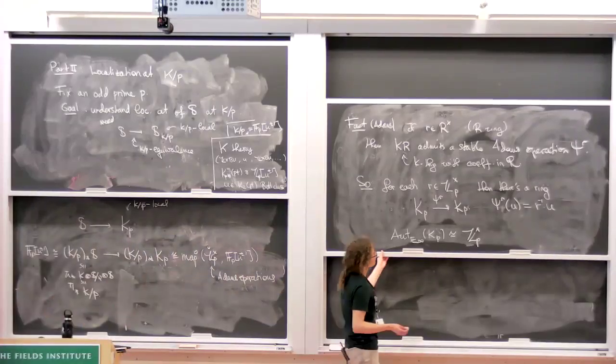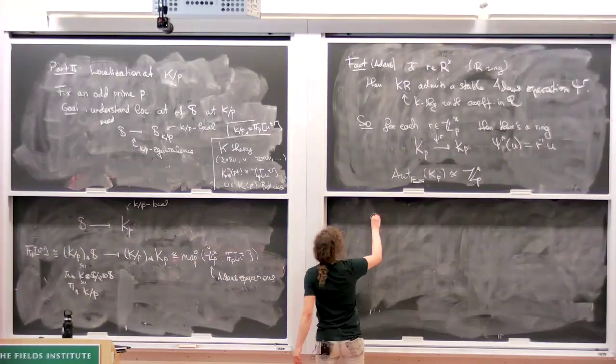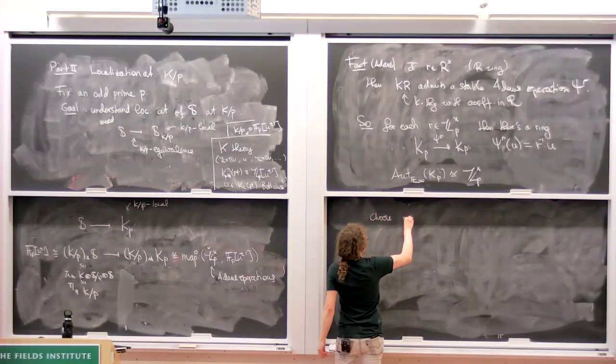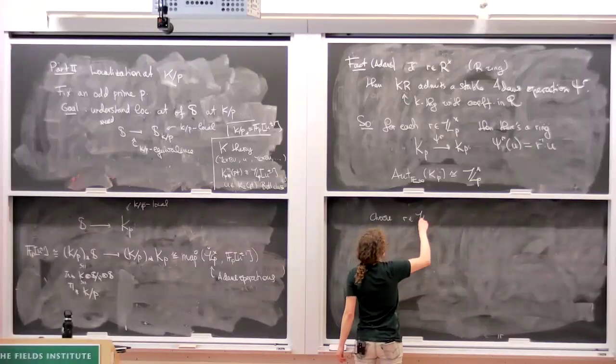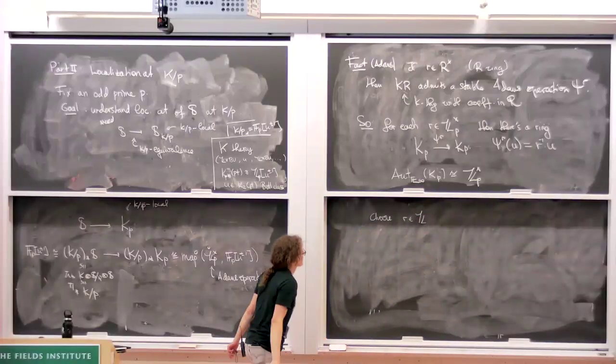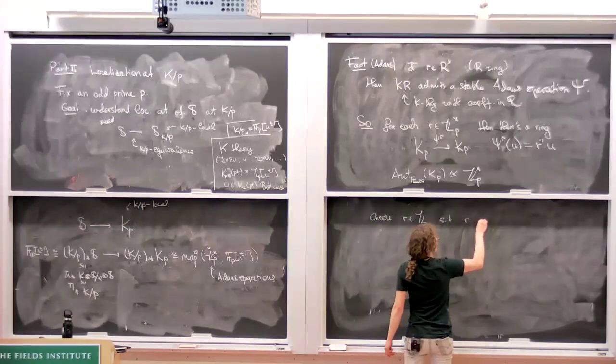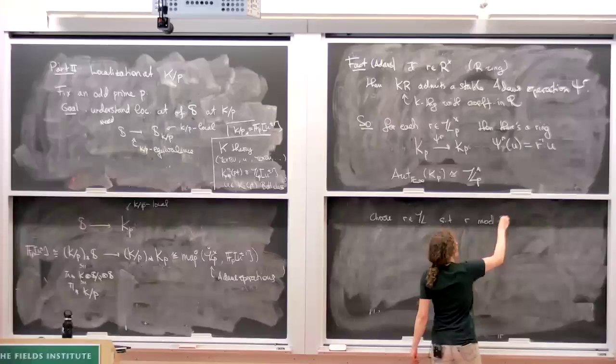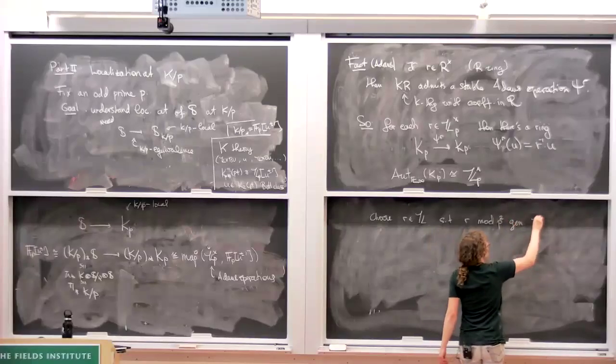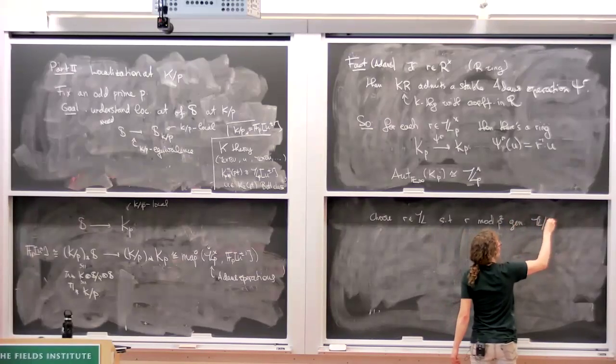So now we're going to choose some r, you can actually choose an integer in Z, such that r modulo p squared generates the units.